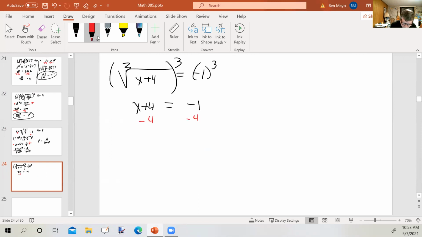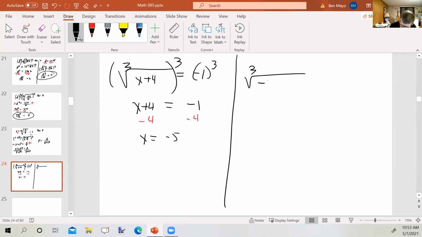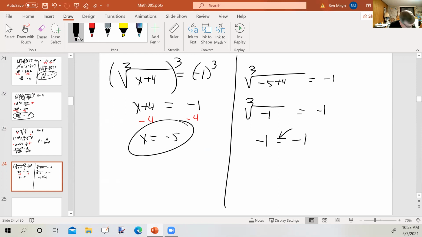We'll subtract 4 from both sides. X is -5. Let's check our work. The cube root of -5 plus 4 equals -1. Cube root of -1 equals -1. Well, -1 times -1 times -1 is -1. So -1 cubed is -1. So the cube root would take you back to -1. So it checks.